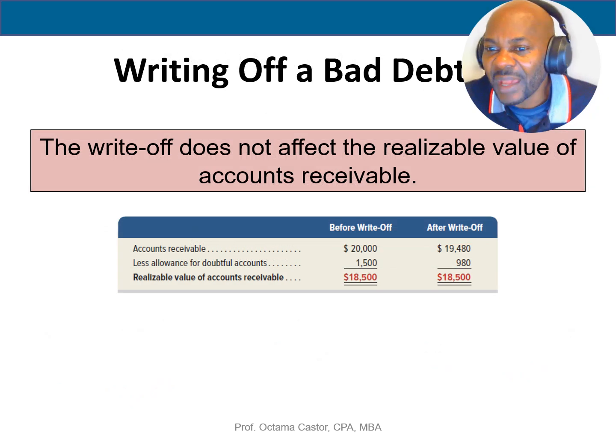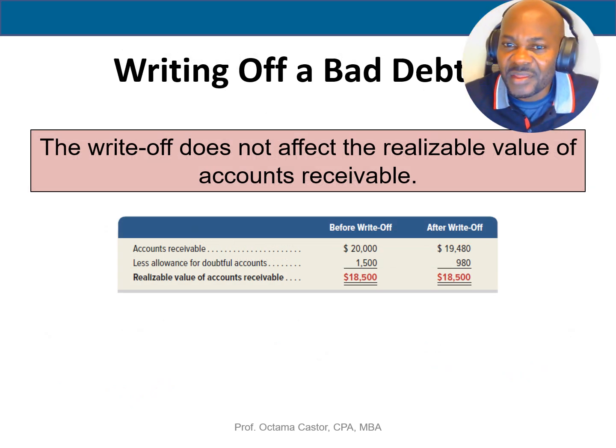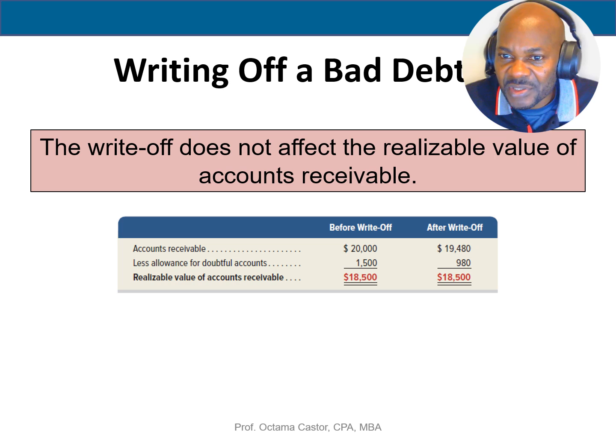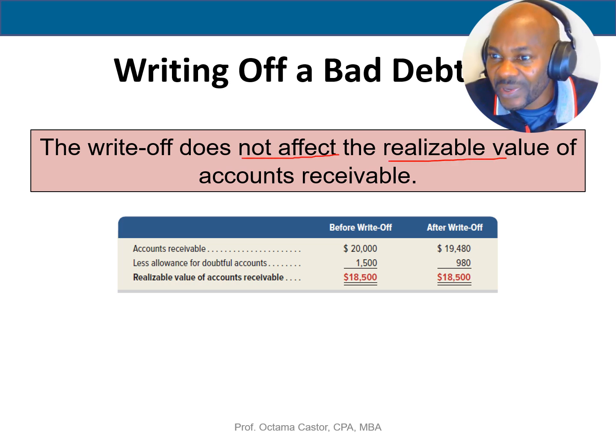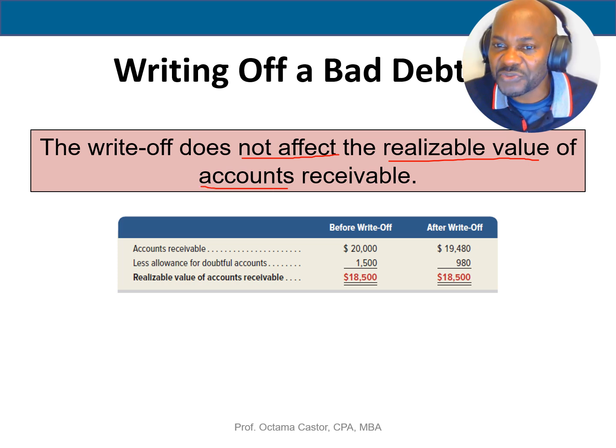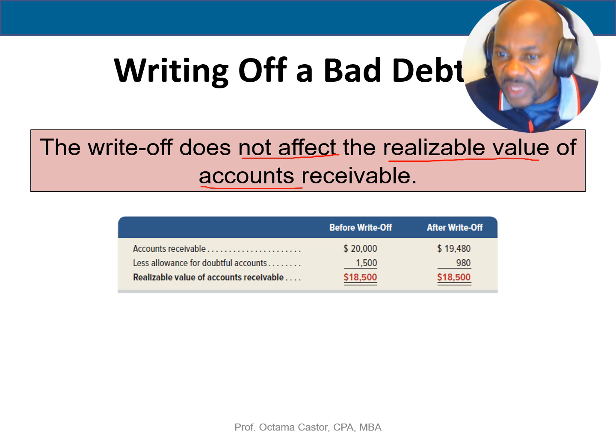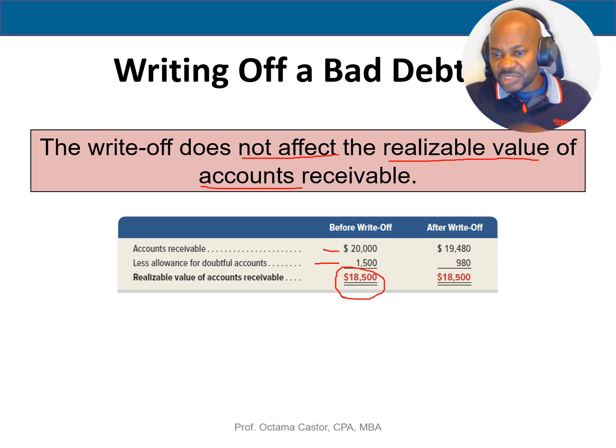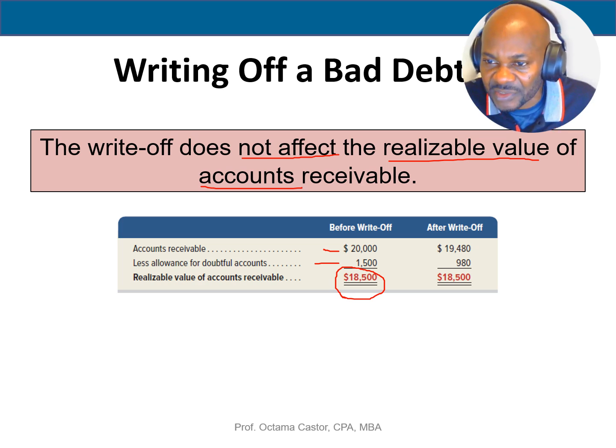Okay, as stated, the write-off entry does not impact the realizable value of the accounts receivable. Before the write-off entry, the accounts receivable balance was $20,000, offset by the $1,500, so the balance that we expected to receive, considering the uncollectible amount, was $18,500.